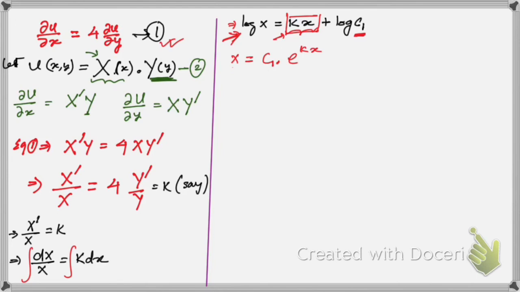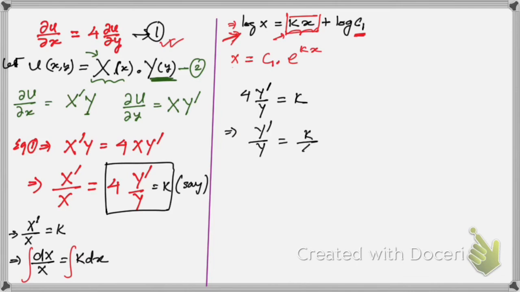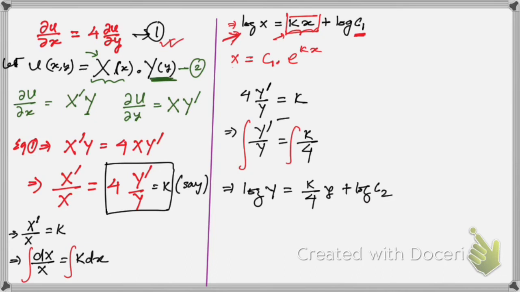So similarly, you can now equate this part, 4 Y dash by Y is equal to k, right? This is equal to Y dash by Y equals k by 4, and if you integrate this, then you will get again log of capital Y is equal to k by 4 small y plus log of c2, right?